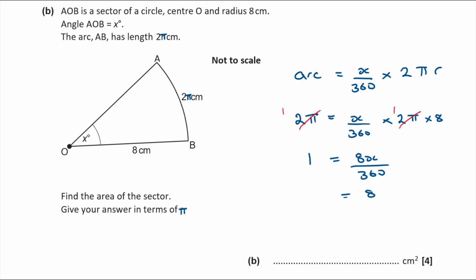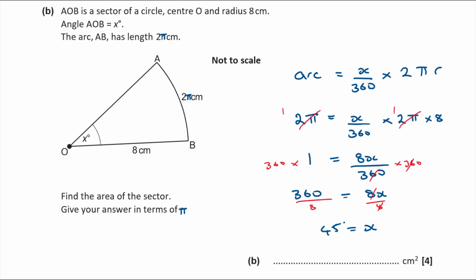So that means that 8x is equal to 360, multiplying both sides by 360, they'll cancel. And then dividing both sides by 8, how many times does 8 go into 360? It goes in 45 times, isn't it? So x is going to be 45 degrees then.